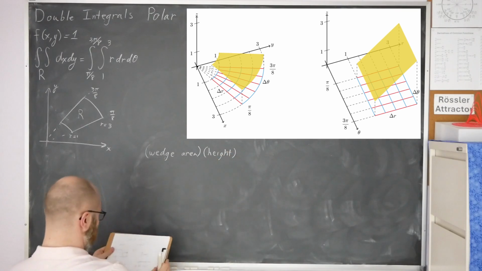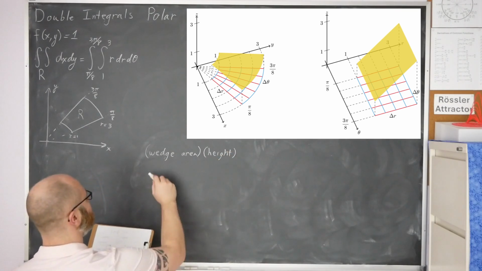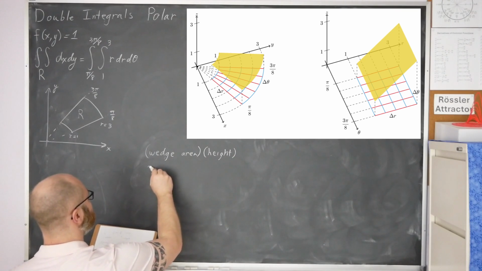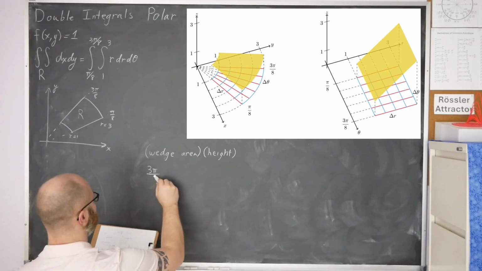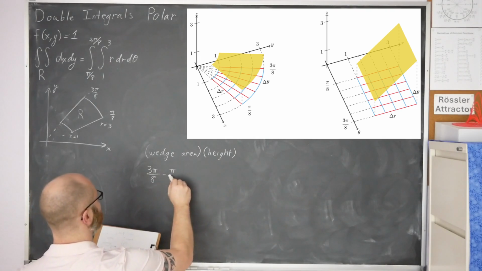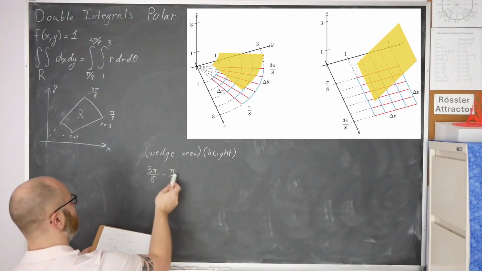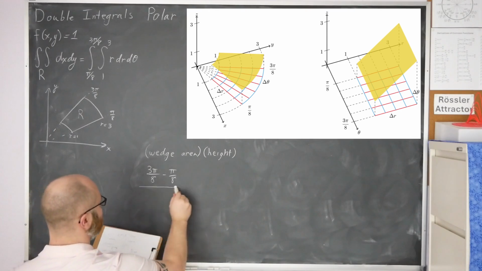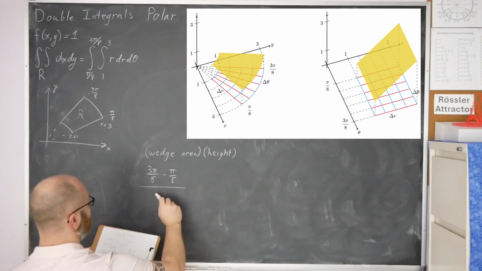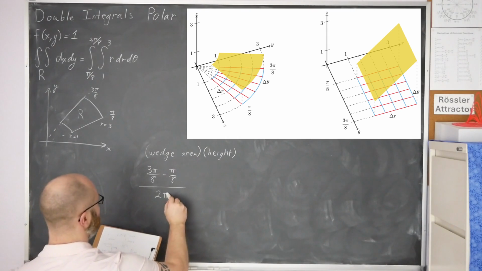All right, well, the wedge area, I don't usually do fractions of fractions, but here we go. It's the fraction of the radians that's gone through. So it's 3 pi over 8 minus pi over 8, right, theta goes from pi over 8 to 3 pi over 8. I need that total radians, and then it's the fraction of the entire rotation, which is 2 pi.